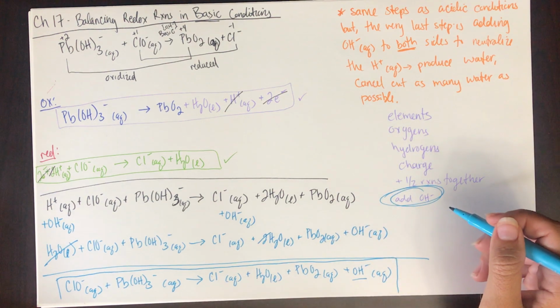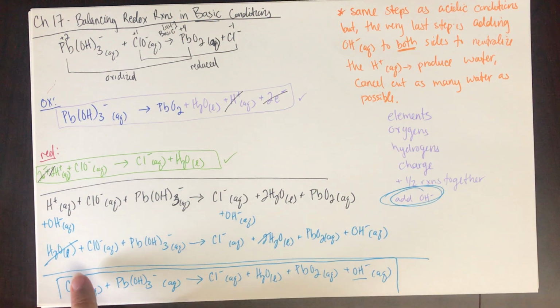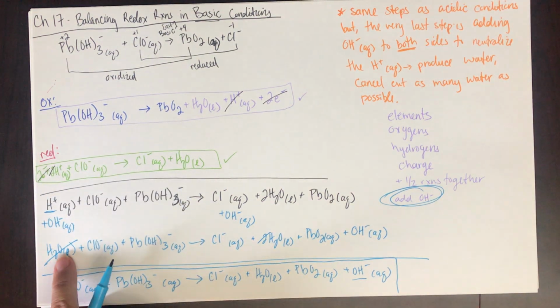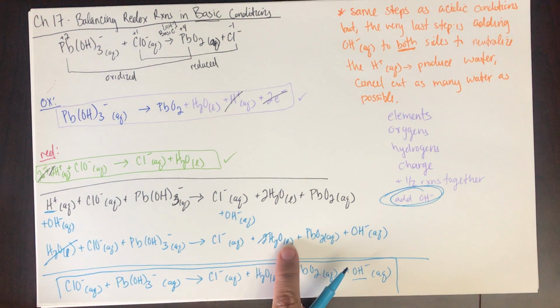Then you go in and add the hydroxide to neutralize however many hydrogen ions you have. That is going to form water. You'll cancel however many waters you have on the other side, and that will result in your balanced reaction in a basic condition.